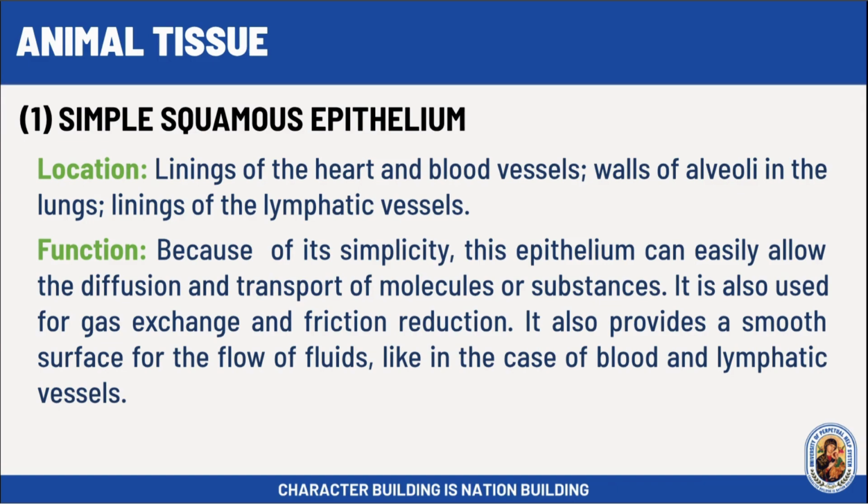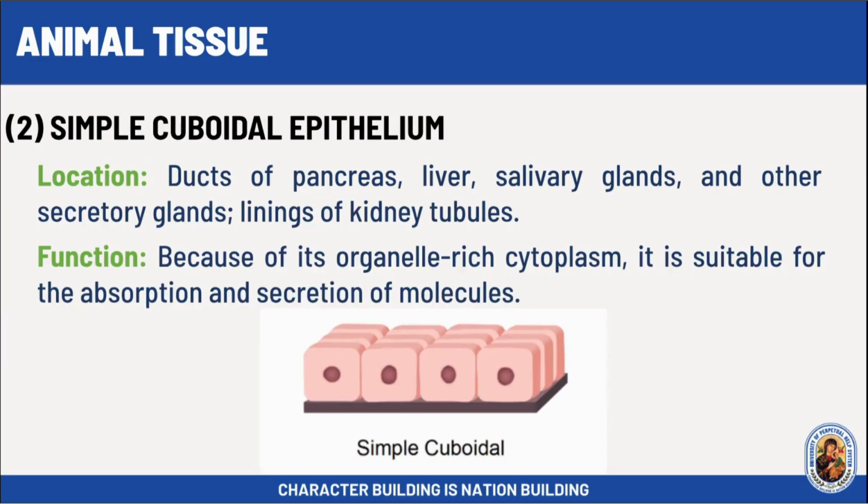The main function of this type of epithelium is that it promotes easy gas exchange and nutrient exchange because of its thin nature. Aside from that, it has a very smooth surface which promotes easy fluid flow. So in the case of blood and the exchange of oxygen, that's the main purpose of simple squamous epithelium.